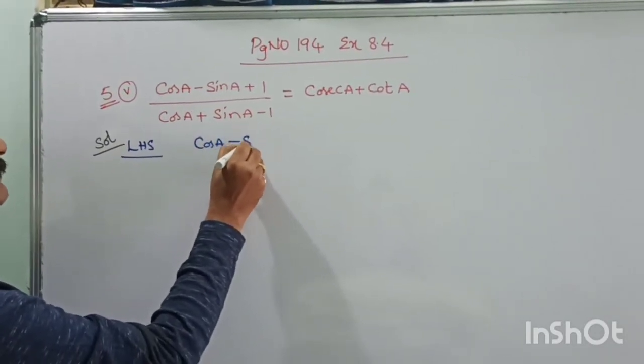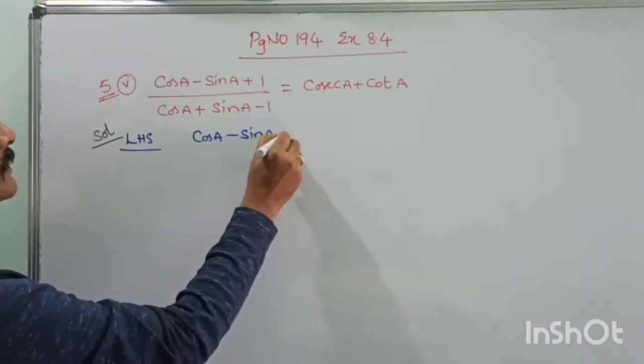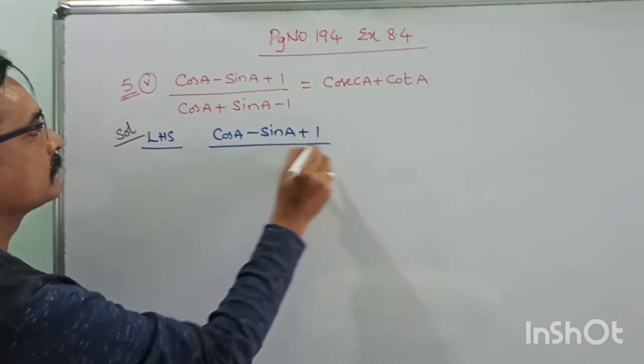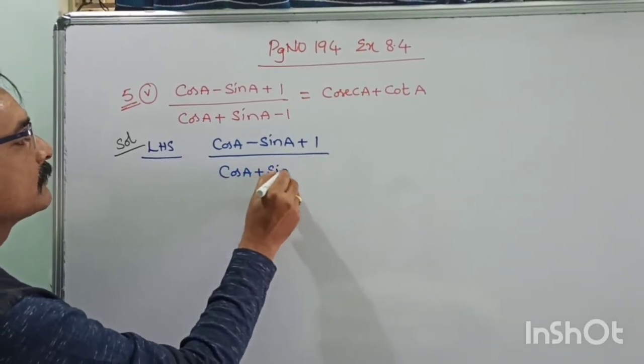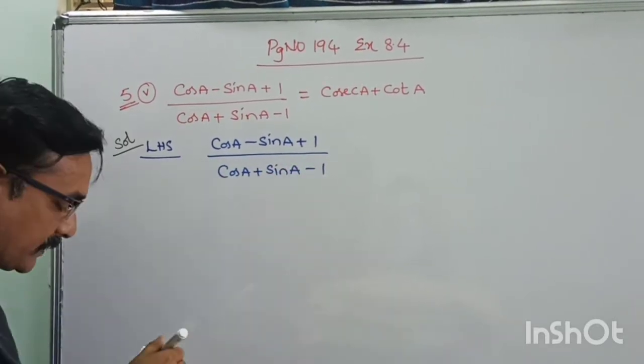cos A minus sin A plus 1 by cos A plus sin A minus 1.